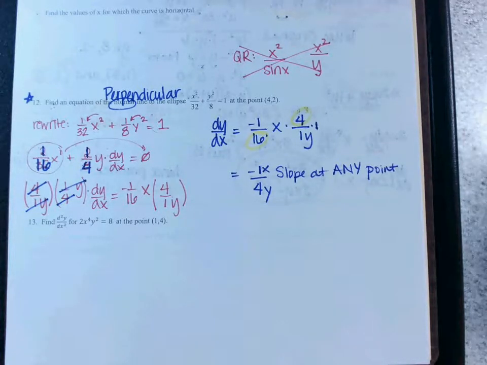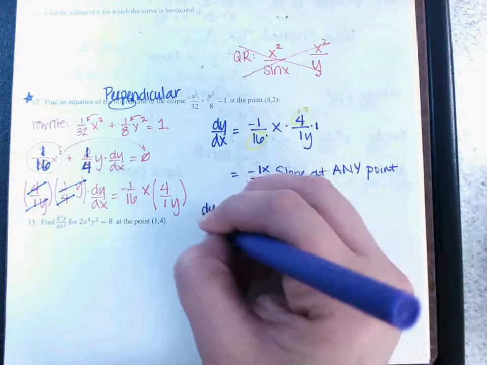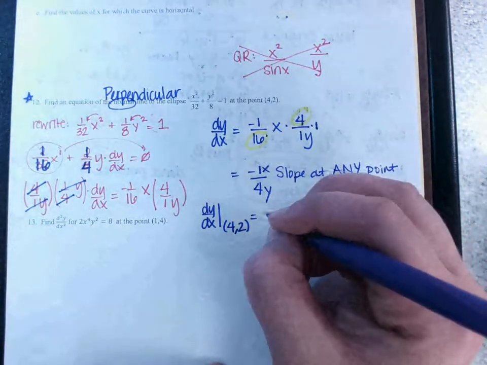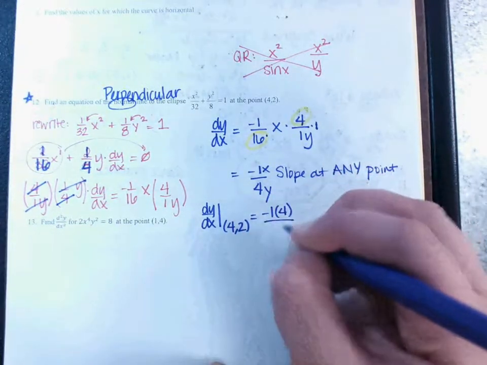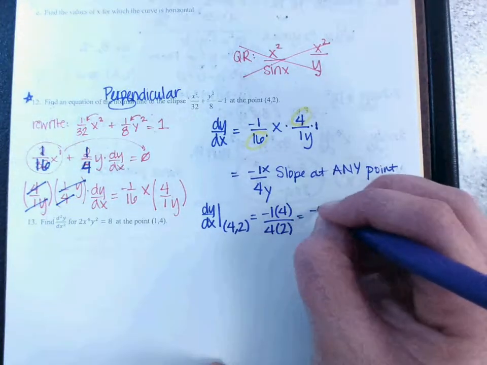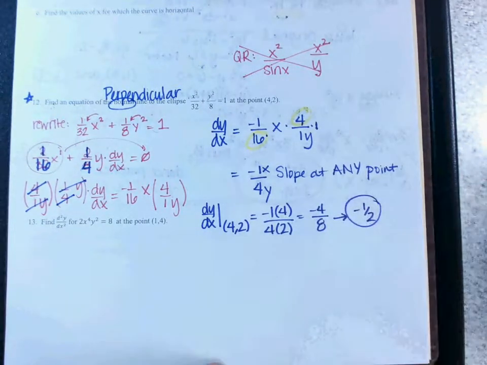It's still good. Okay, from there, we want it at the point 4, 2. So I would put dy dx at 4, 2 equals negative 1 times 4, over 4 times 2. Negative 4 over 8, which is the same as negative 1/2. And that would have been your answer there.